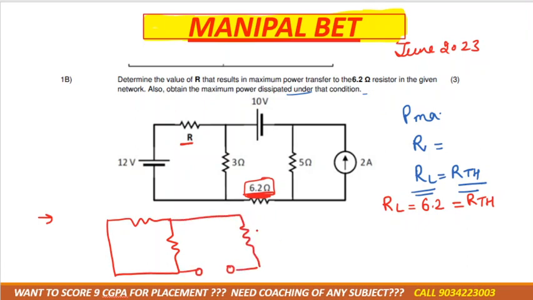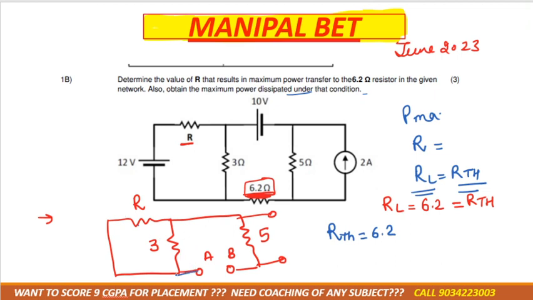RL must look like this or not? The current source is open circuit. So RL is equal to 6.2, and we can calculate RTH here also.